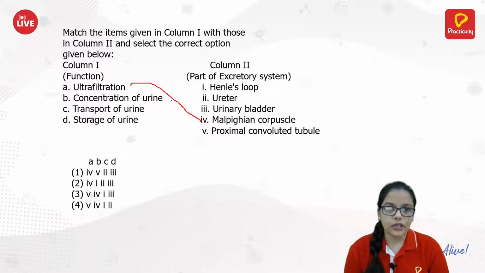Concentration of urine happens in Henle's loop. Transportation of urine happens in the ureter, and storage of urine happens in the urinary bladder. So A4, B1, C2, D3. Okay, option 2.